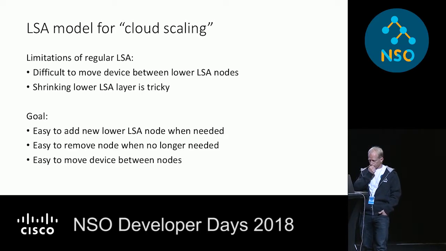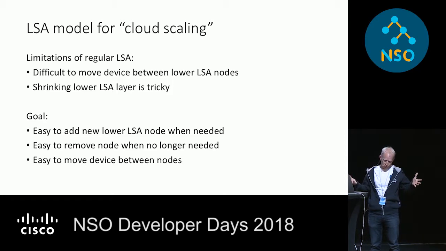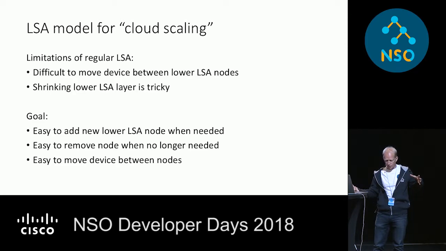And that would make it easier to expand. So if you have an LSA cluster that has grown and you have filled up your lower LSA nodes and you want to add more LSA nodes, what you can do is add another node and start adding devices there. But what if your services grow and take up more resources, or the configurations grow on your existing devices?